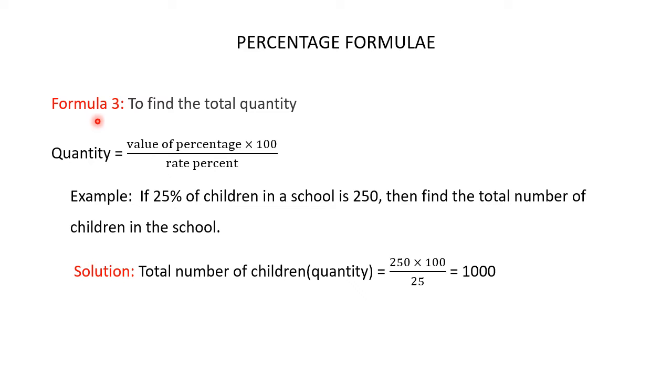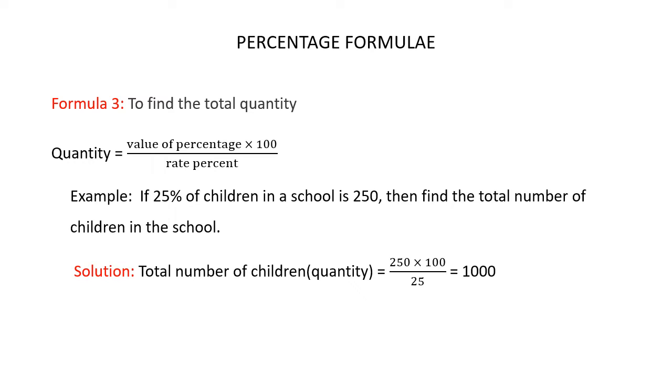Formula 3 is used to find the total quantity. The formula is quantity is equal to value of percentage multiplied by 100 divided by rate percent. Let's use this formula in an example. If 25% of children in a school is 250, then find the total number of children in the school.